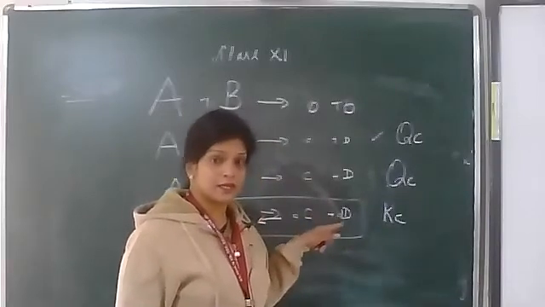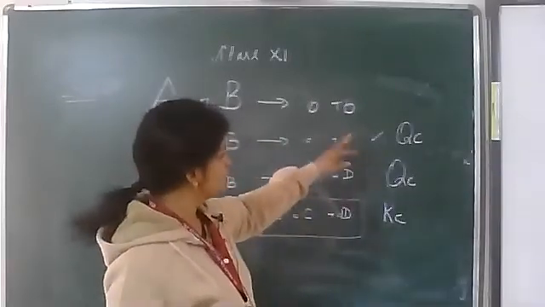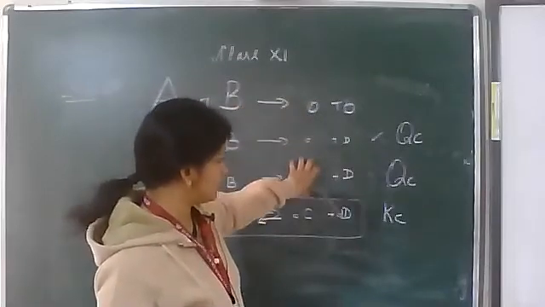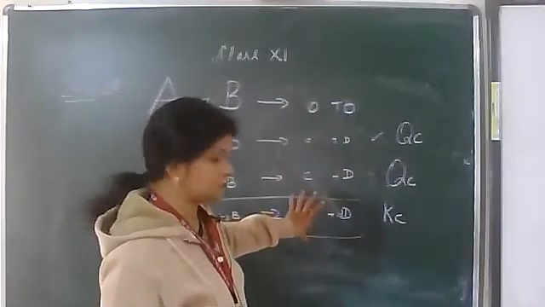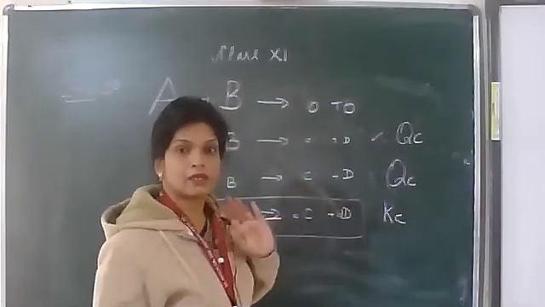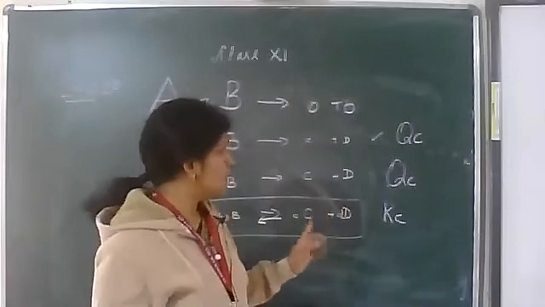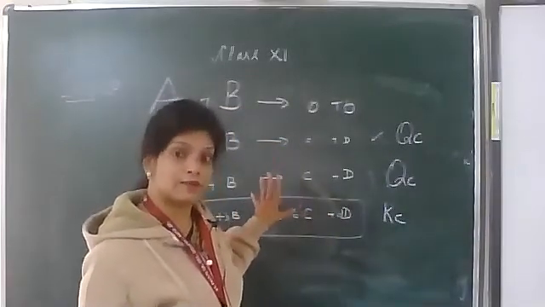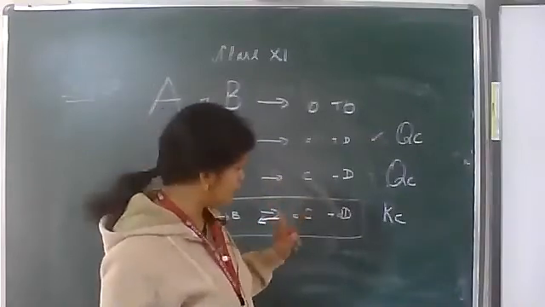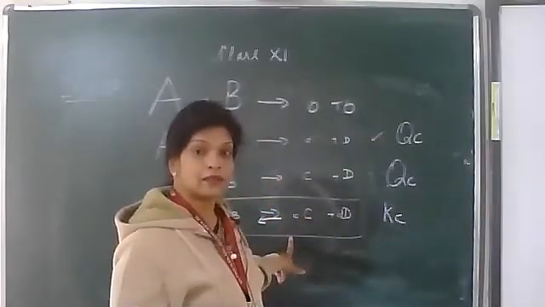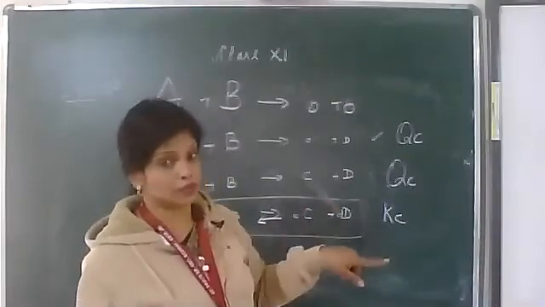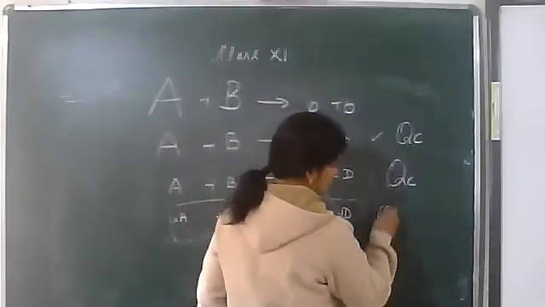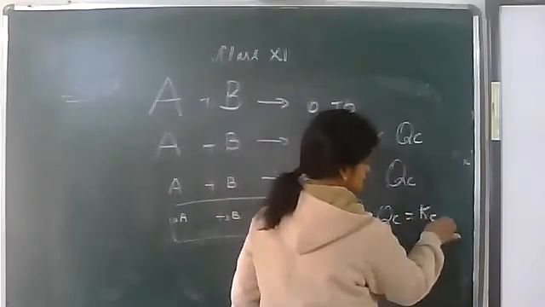So Qc, this is at any time. Suppose this is time zero started. After 5 minutes, after 10 minutes, when it reached 15 minutes, equilibrium is attained. So at 5 minutes and at 10 minutes, the same format, that is Qc. At 15 minutes, what you are writing, that Qc is equal to Kc.